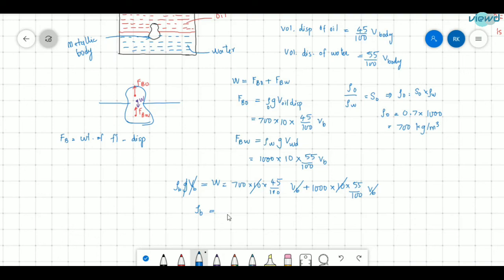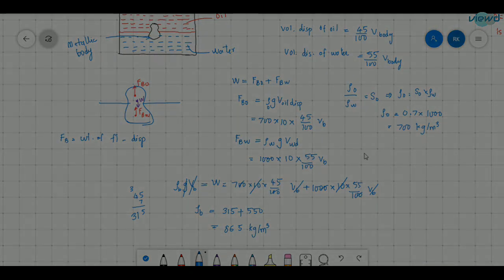So the remaining is density of the body is equal to, the zeros cancel, and the remaining is 7 into 45. 7 5s are 35, 7 4s are 28, plus 3 is 31, so 315, plus here 550. So 865 kg per meter cube is the answer. Mostly these type of problems will be asked.